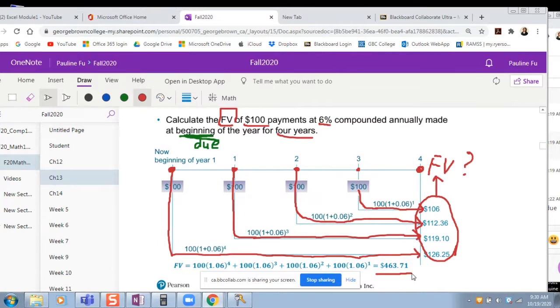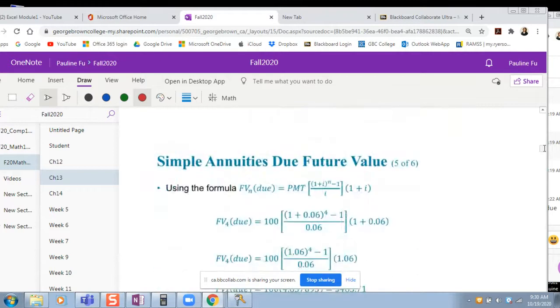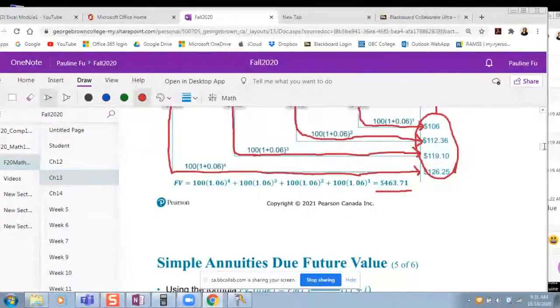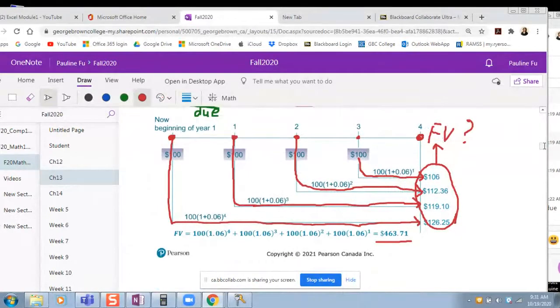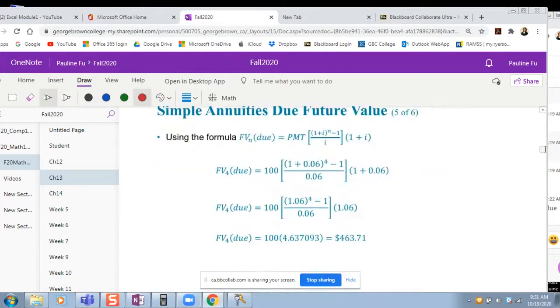463.71. That is without the formula, we just use our first mathematics course, compound interest future value. Now let's use the formula. If we use this formula for simple annuity due, PMT is 100, I is 6% or 0.06, N is 4.